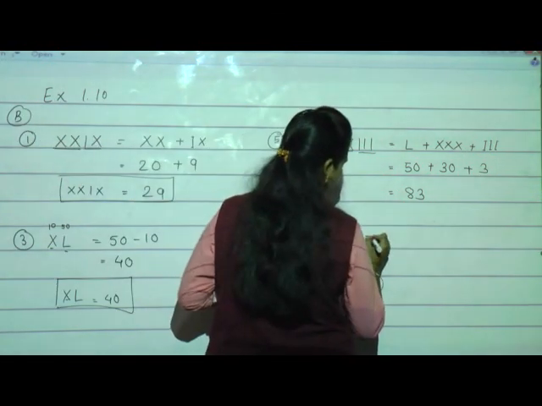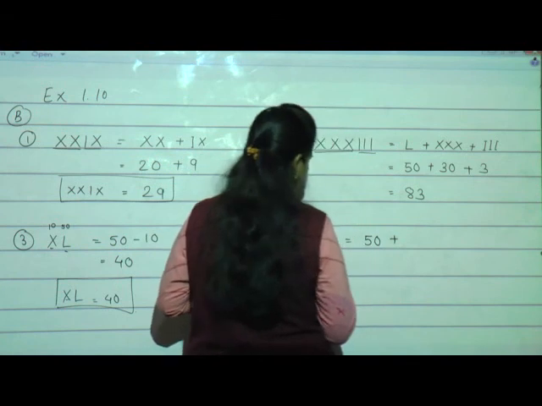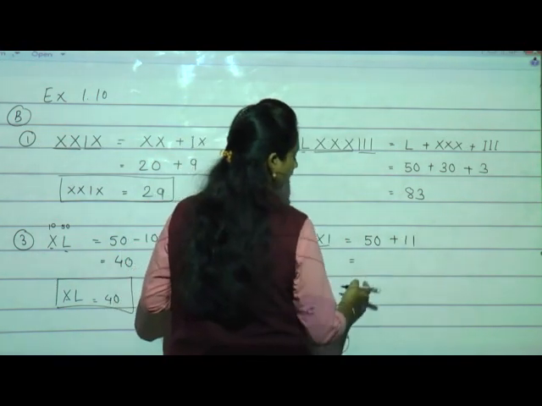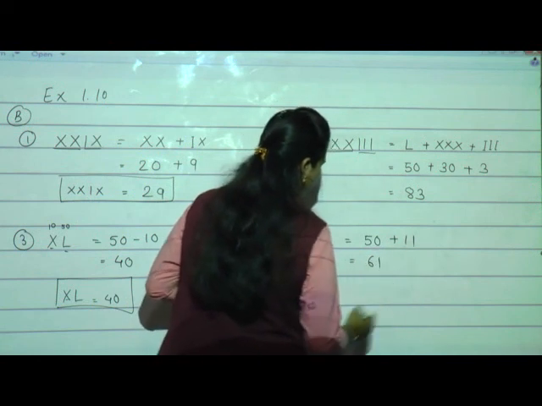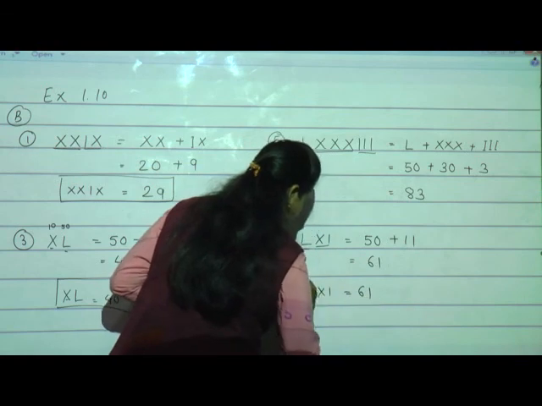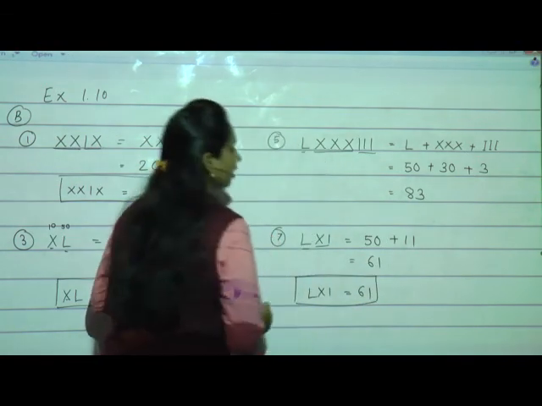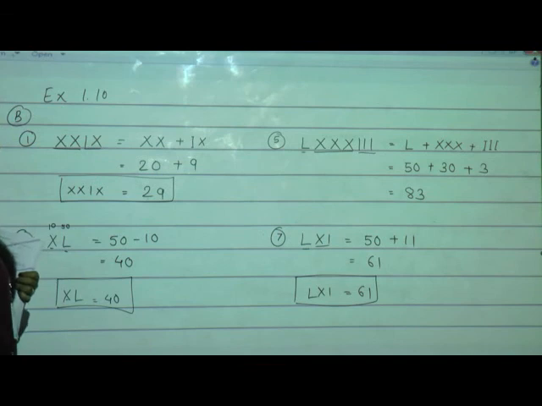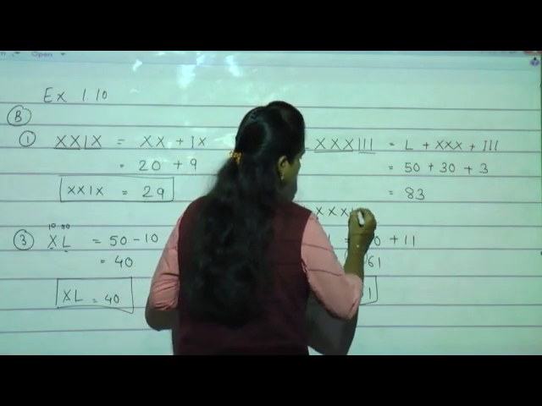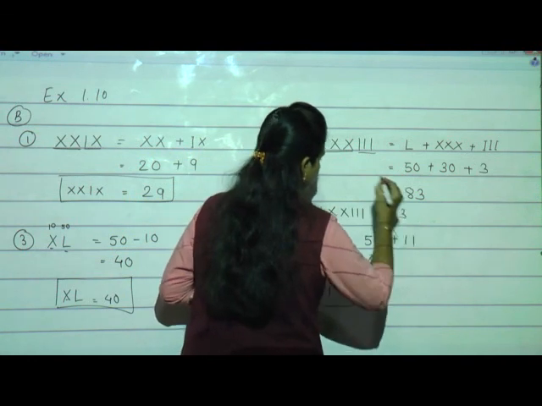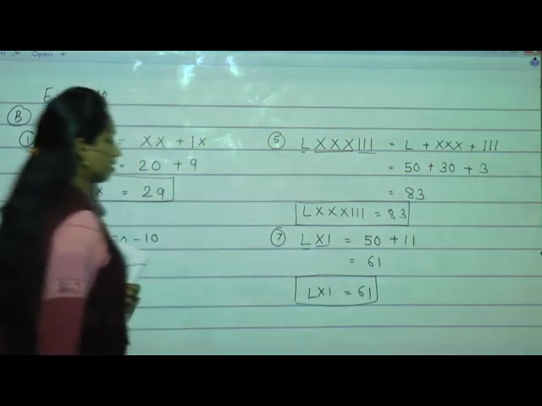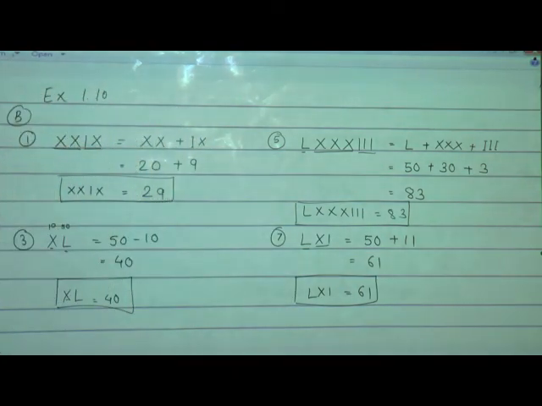So I will write L represents 50 and XI represents 11. When we add together, we get 61. So what is the answer? LXI is equal to 61. In this way you have to write. Write once again and just draw a nice box. Your representation will be good.